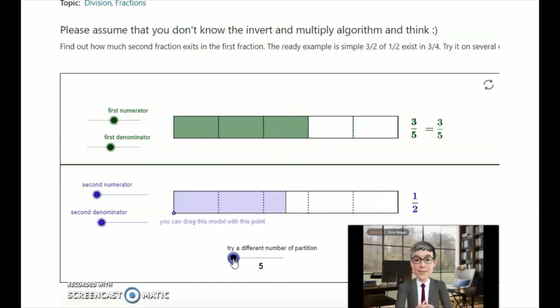So here, once we've got the same number on the bottom, we can see we need one of these halves to make this, plus an extra 1, 2, 3, 4, fifth of that half.